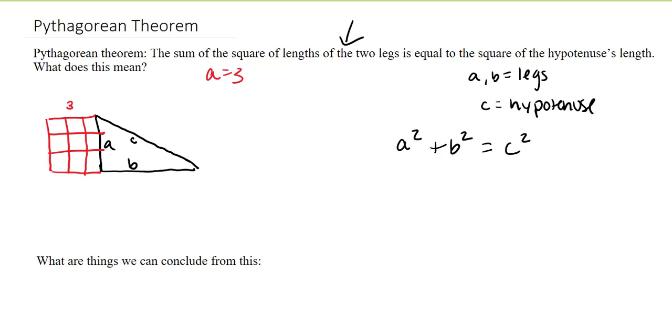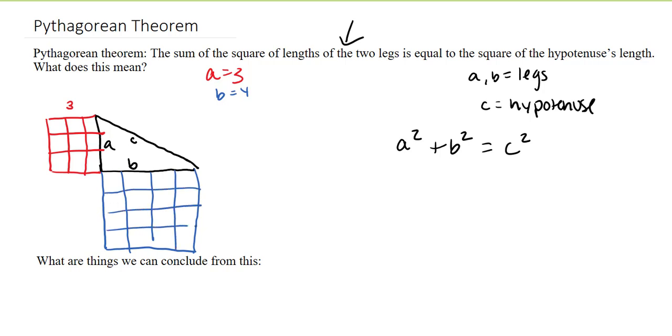And then B, if B is equal to 4, and it's not going to be completely to scale, but you can see how this is 4 across and 4 down. So B squared, B is 4. And then C, I didn't draw this well.